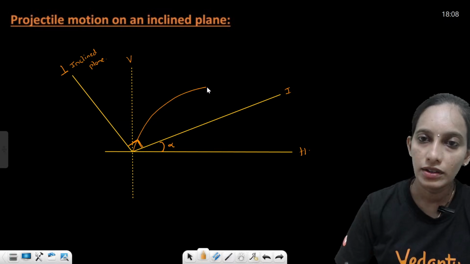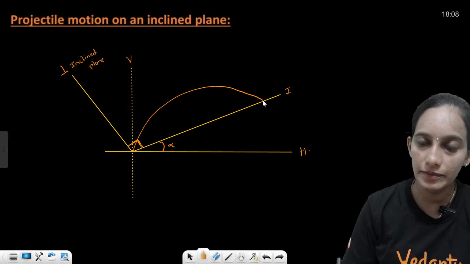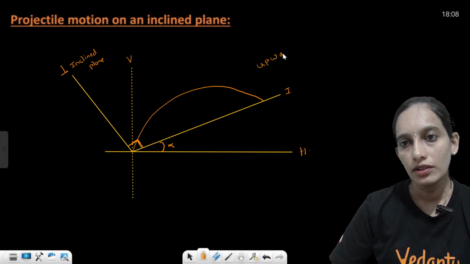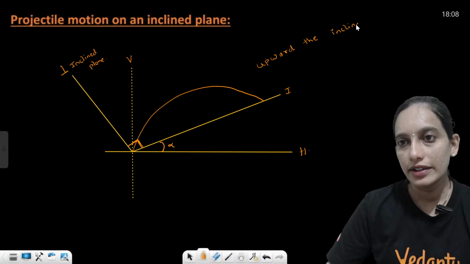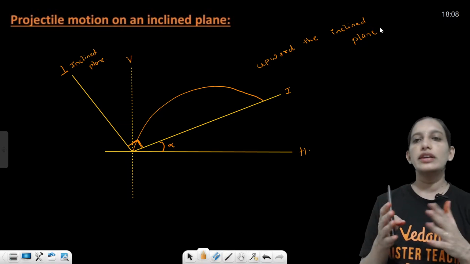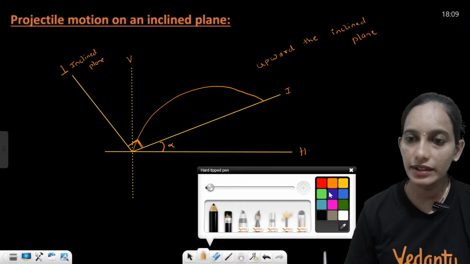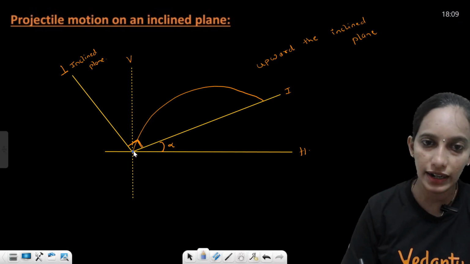And we also had, let us say, a projectile which is projected upward along the inclined plane. This case we have discussed. 2-3 formulas remain the same for upward and downward. Upward means the projectile is projected in this direction.